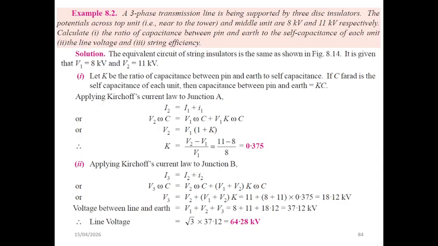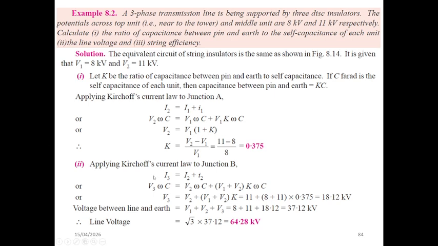To determine the unknown parameters and total voltage, we can apply KCL at the different junctions. At junction A, we already discussed this equation. This is a simple KCL: V2 is equal to V1 times (1 plus K), so we can find K very simply.